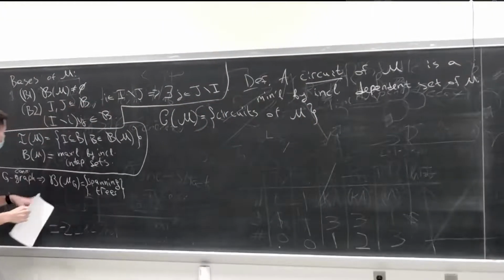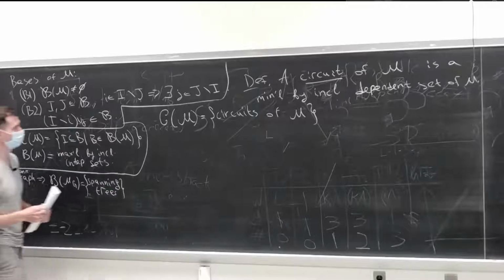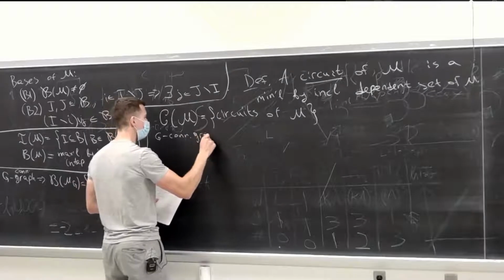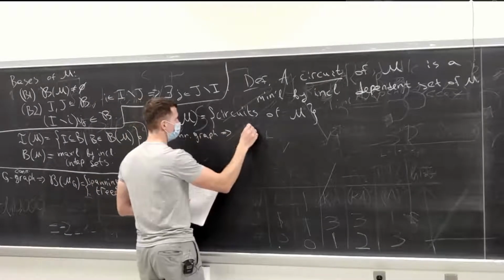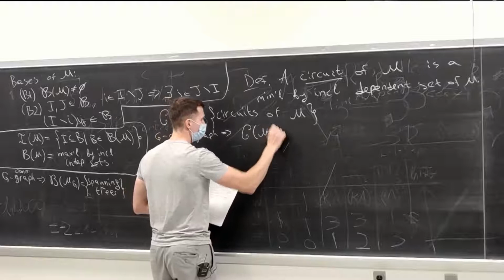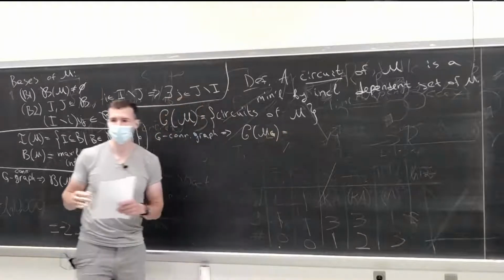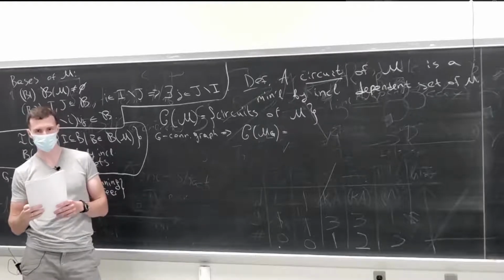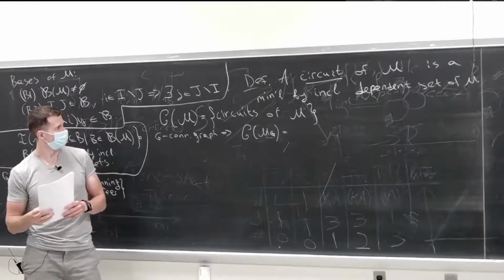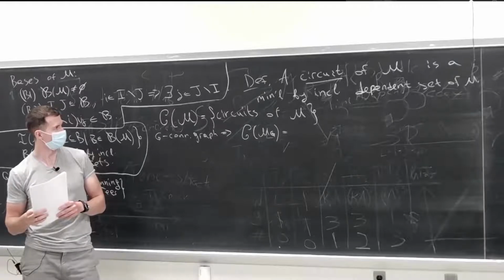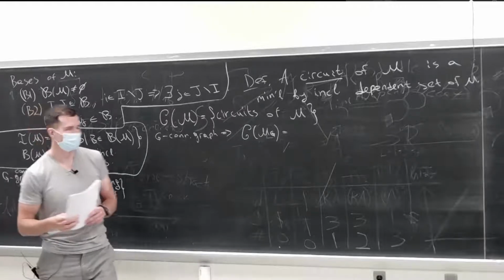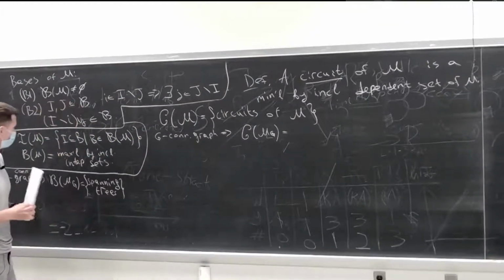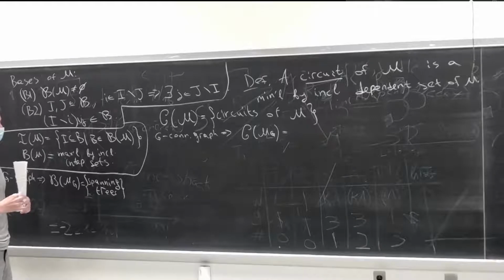And in particular, if G is a connected graph, what's going to be the set of circuits of the corresponding graphical matroid? Which cycles? Cycles containing all the vertices. That's actually not quite true.